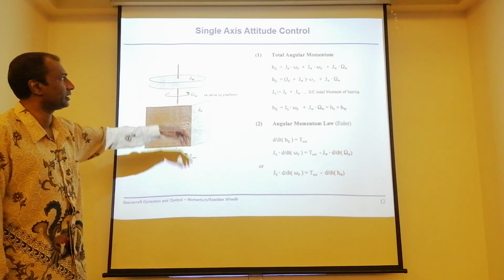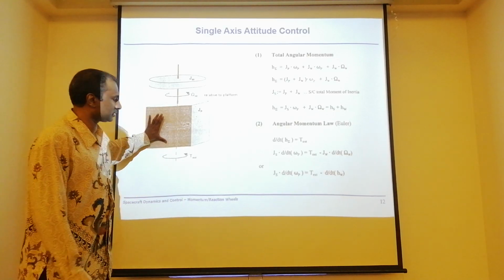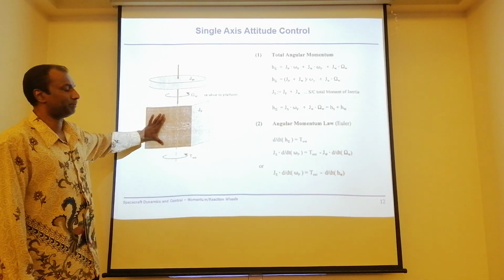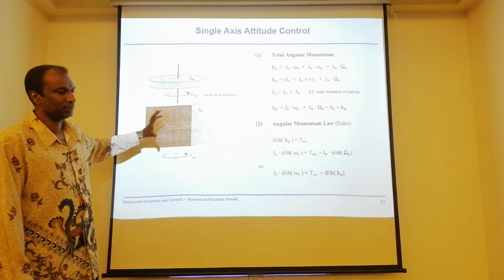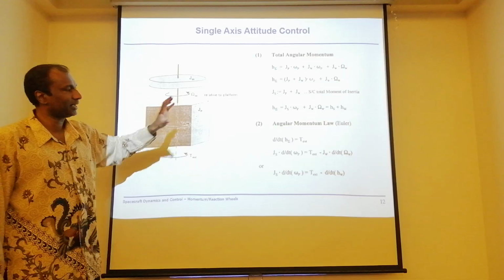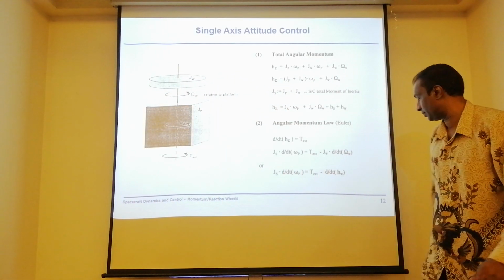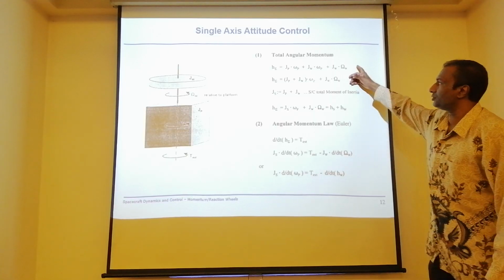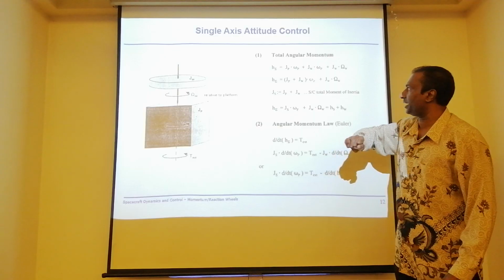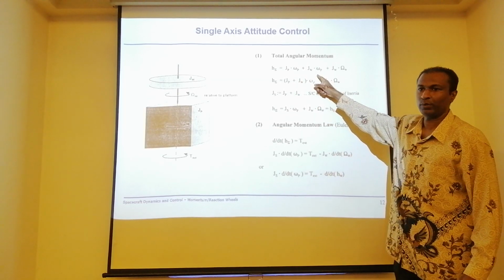All right, let us actually look at the single axis control. Now, assuming I have a wheel, I have a platform, JP is the platform, which is the satellite, and I have a wheel. So let me write the total angular momentum equation so that you will know how to do this. I have two rigid bodies there, the platform and the wheel.